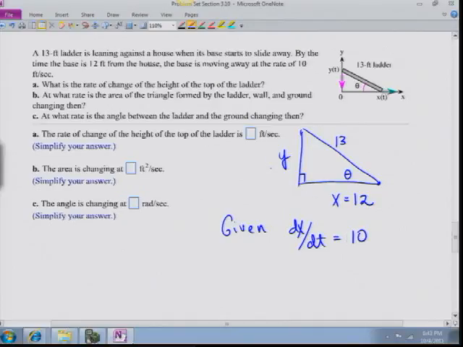Is there a way to know what y is when x is 12? It says here the base is moving away at the rate of 10 feet per second when you're at 12. So dx/dt is 10 when x is 12. So we also need to find out what y is equal to when x is 12.